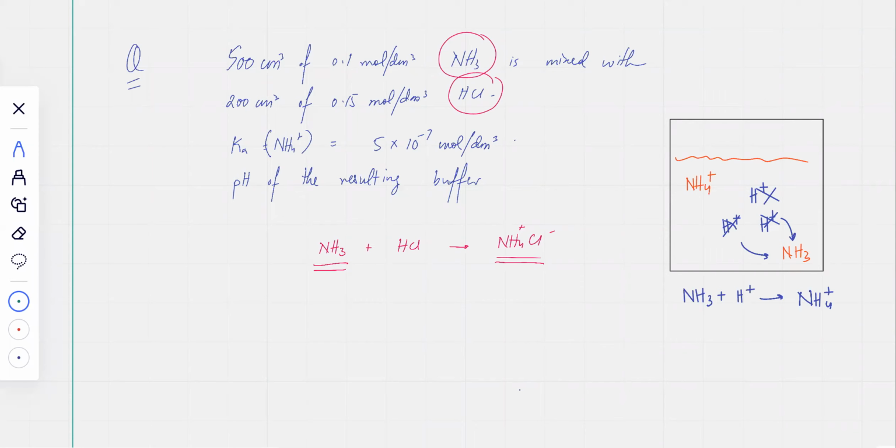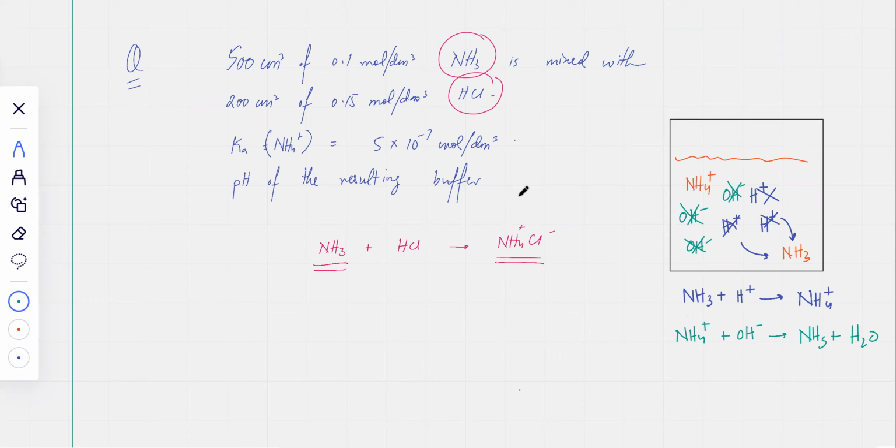Similarly, if you start adding OH ions into the mixture, the NH4 plus 1 would start reacting with the OH ions. The NH4 plus 1 would give away its H plus 1 to neutralize the OH ions, and the OH ions would turn into water. So all the OH ions are going to get neutralized as well. Okay, Lubena, is this clear?